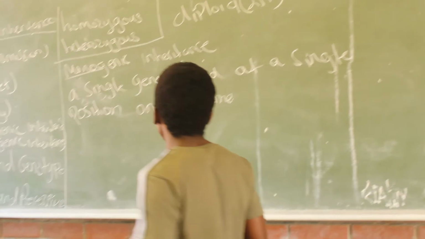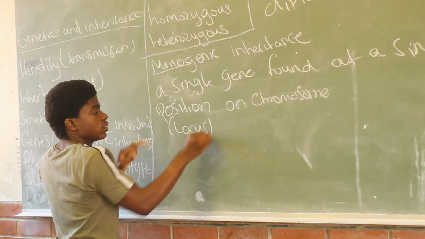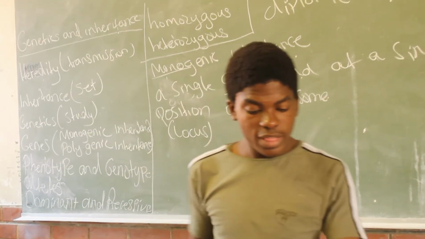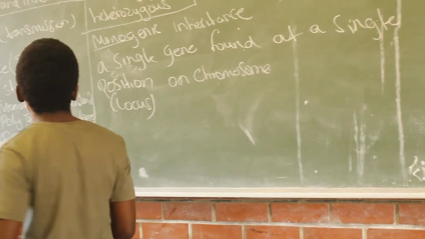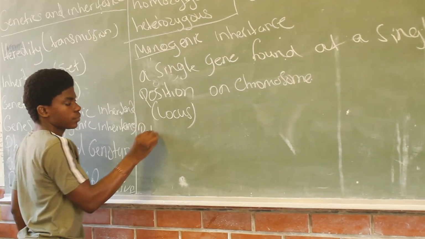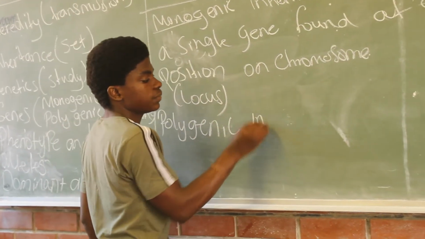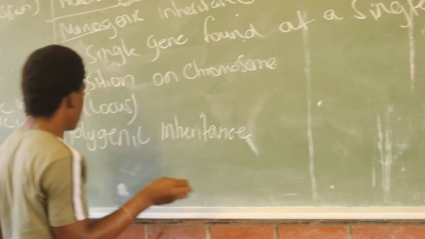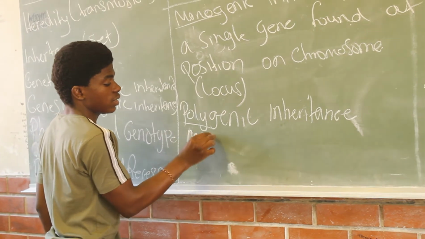When we're talking about position again, we are talking about what? Locus. A locus. And then we have another thing, which is polygenic inheritance. What is polygenic inheritance? Take poly, which means many.